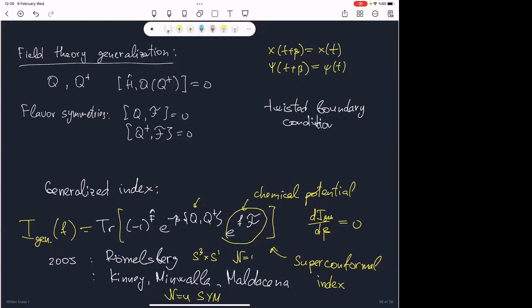That means that when you have x(t+β), you now get not just x(t), but times this piece, the bosonic one, e^{Fφ} x(t). So it's twisted by this exponential. Then just use the previous computation.